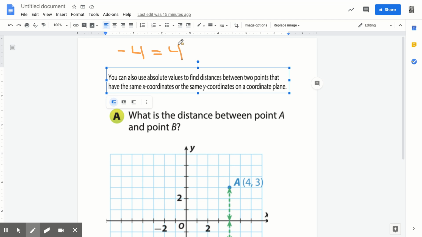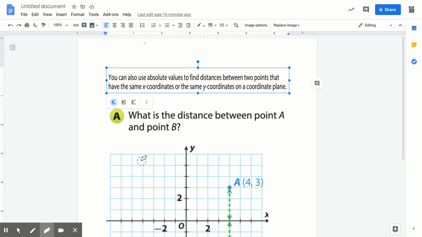If I were to ask you what's the absolute value of 4, that would still be 4, right? So the key thing to remember about absolute value is that it's always positive, right? So let me just erase this so this just doesn't get in the way. And let's get to the question.